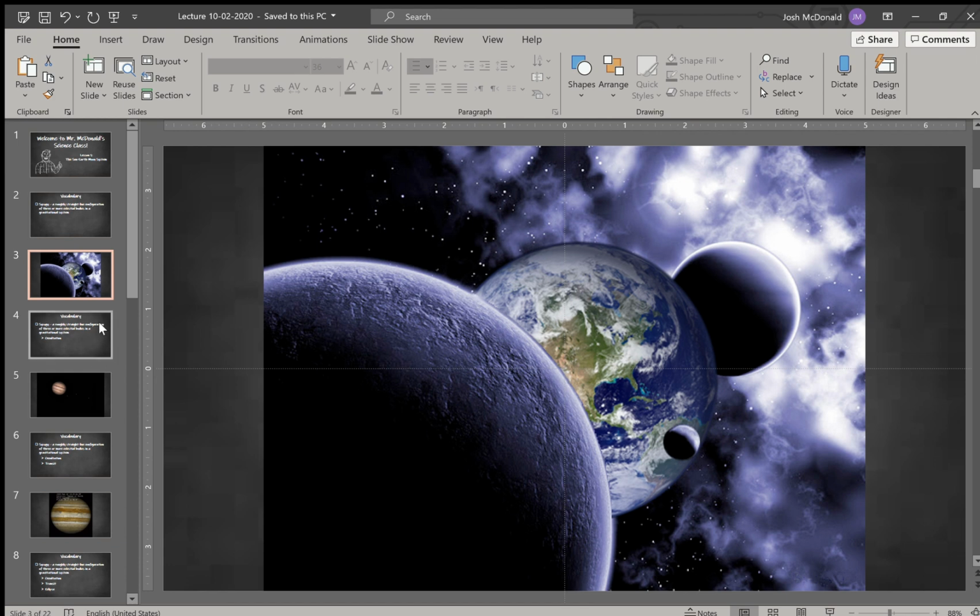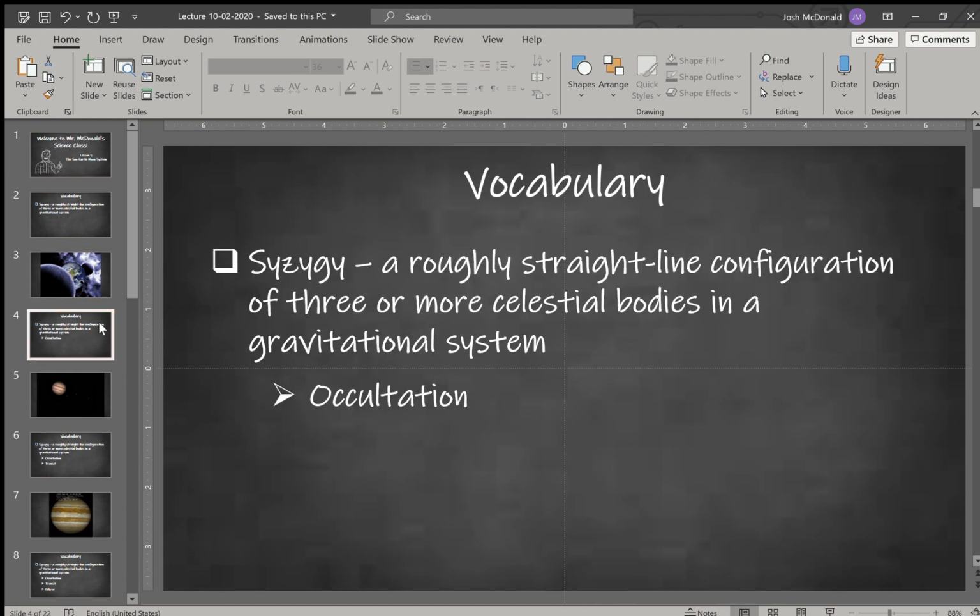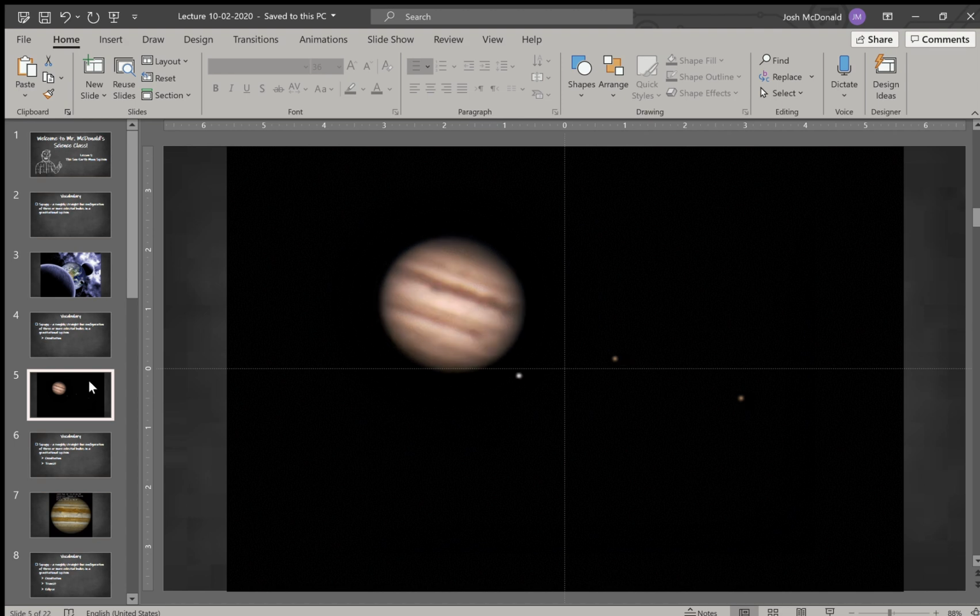So let's talk about some different types of alignments or configurations within syzygy. The first type is called occultation. Let's check out this GIF here. In occultation, you have a smaller object being occluded or obscured by a larger object.